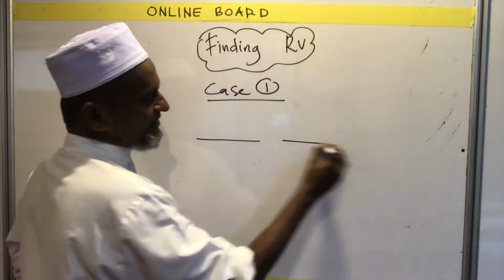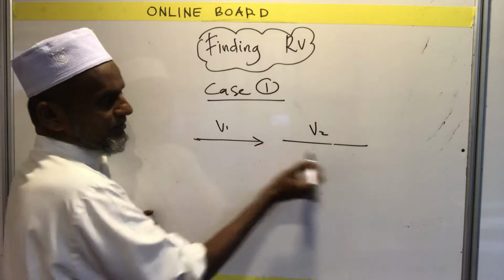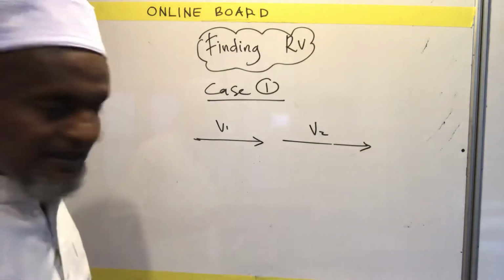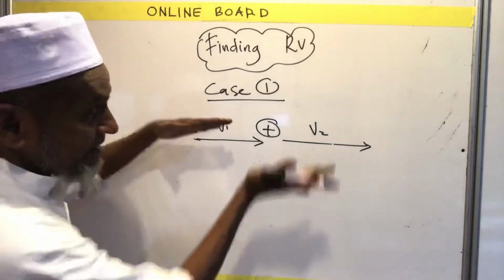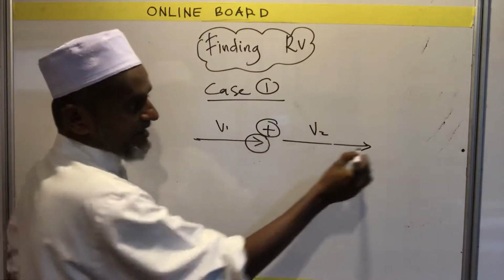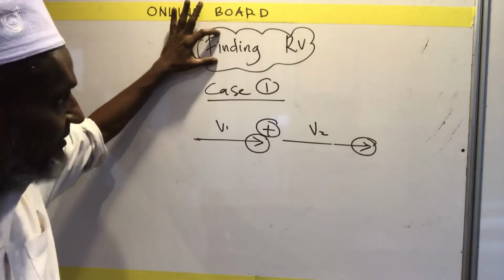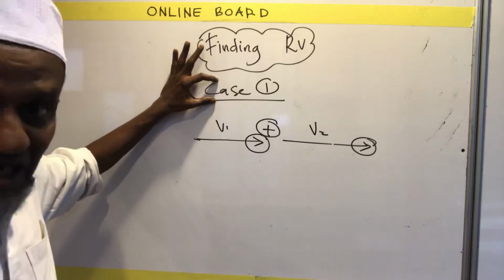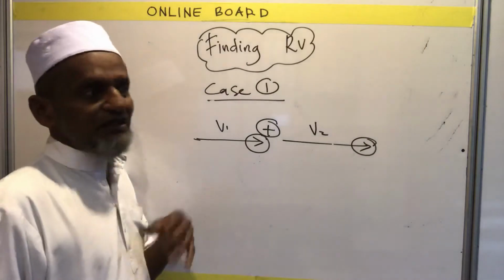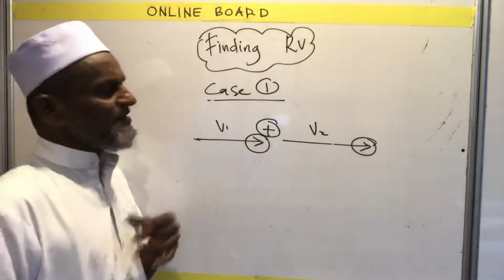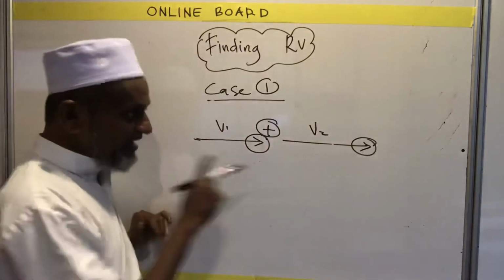The two vectors, I put V1, V2, with arrows. I am doing the first case, whereby the two vectors that I want to add, you can do 2, 3, 4 onwards, I just take 2 for simplicity, are parallel and in the same direction.